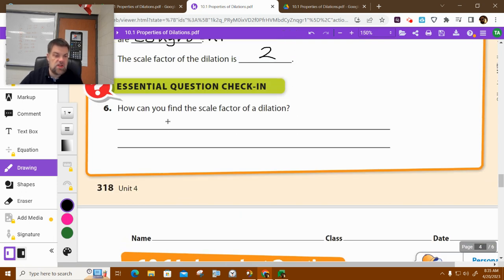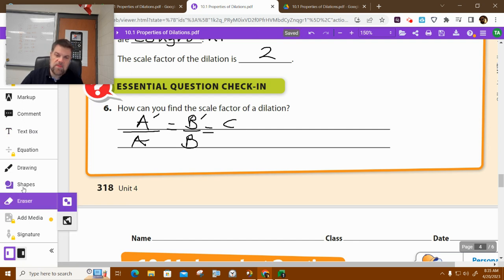So there's a couple ways you could do that. You could do it like this. You could say A prime over A should be equal to B prime over B should be equal to C prime over C. Well, I'm thinking about what I'm writing. Technically, I'm not writing it right.